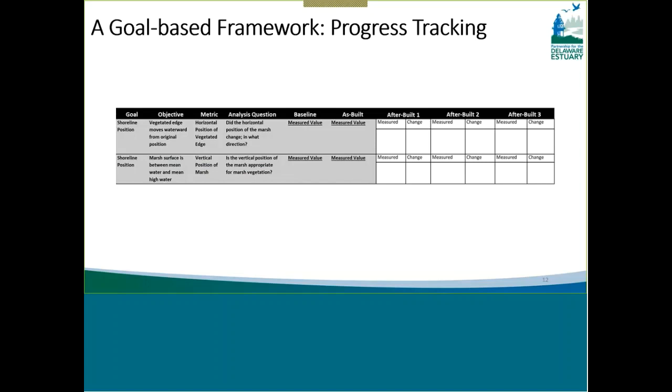So again, this has a little bit from the first table: my goal, my objective, my metric, my analysis question. Now I have my baseline. Maybe you conducted an as-built survey because it changed a little bit. Maybe you went out, you built an edge, and you went out and planted grass. Well, if you went out and planted grass, are you going to say your living shoreline grew that grass, or did you actually plant it?